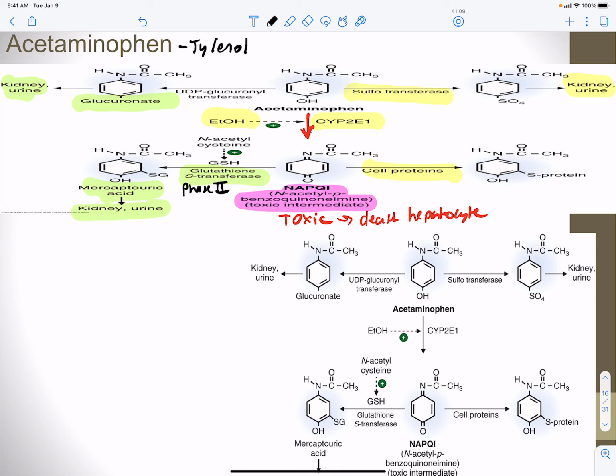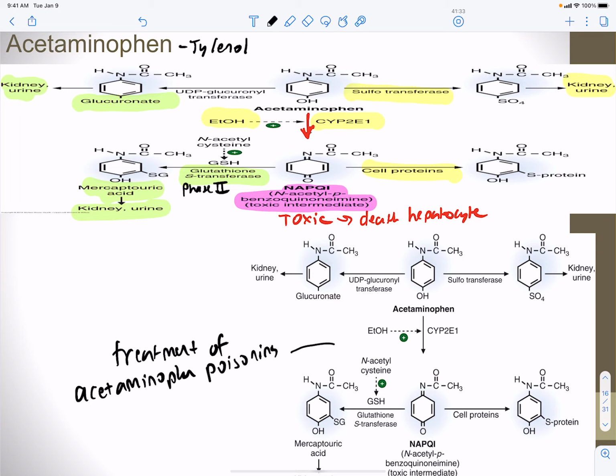So treatments for acetaminophen poisoning are going to involve the use of N-acetylcysteine. N-acetylcysteine is going to promote the formation of a less toxic compound, the mercapturic acid.